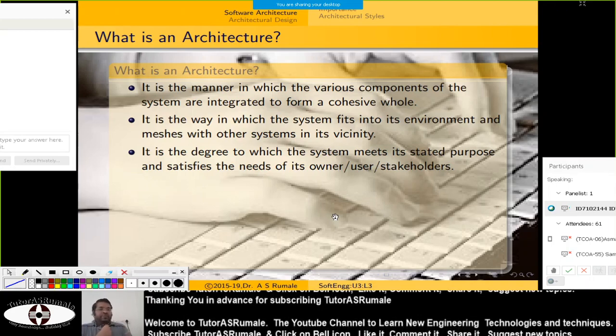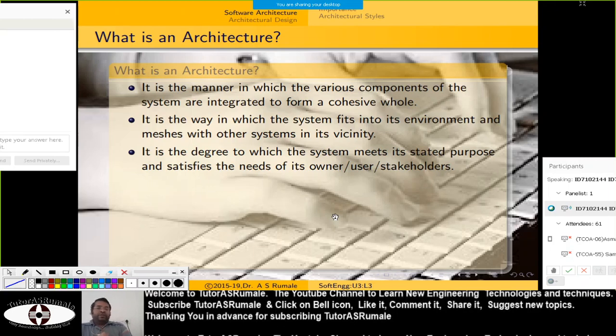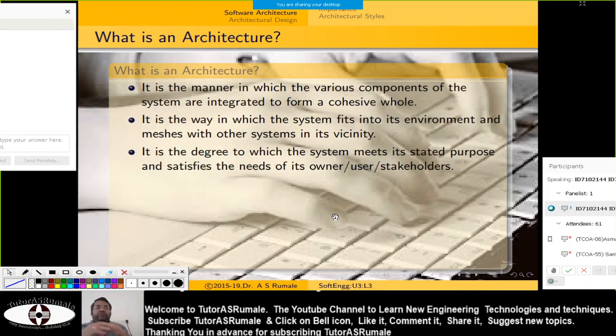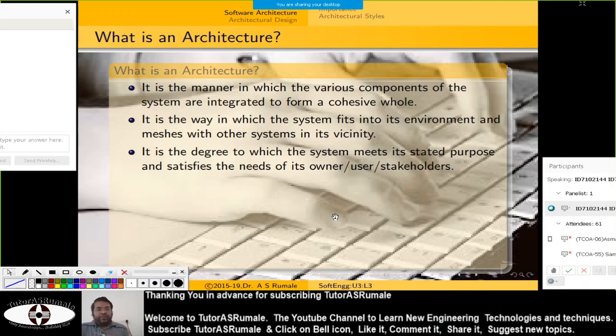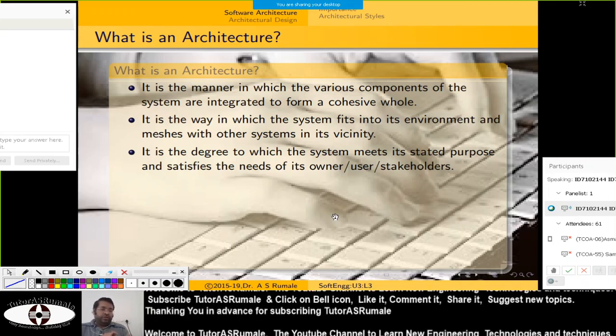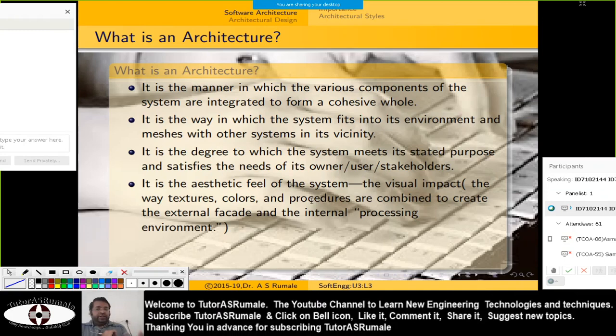Instead, it can be considered a virus. Okay, viruses still have some purpose, to damage something else. But the thing is that it is the degree to which the system meets its stated purpose and satisfies the needs of its owners, users, and stakeholders. Okay, this is the definition of the architecture.